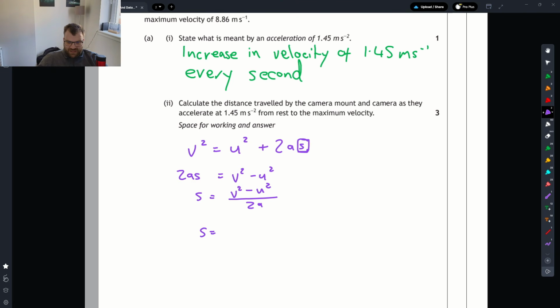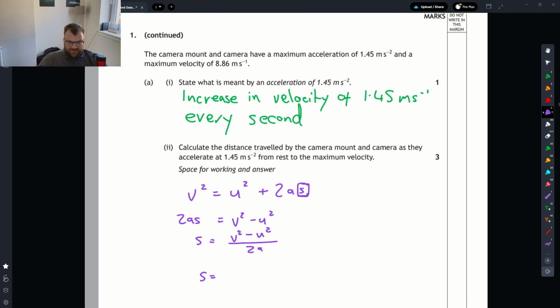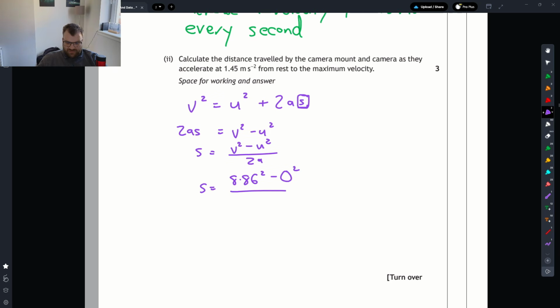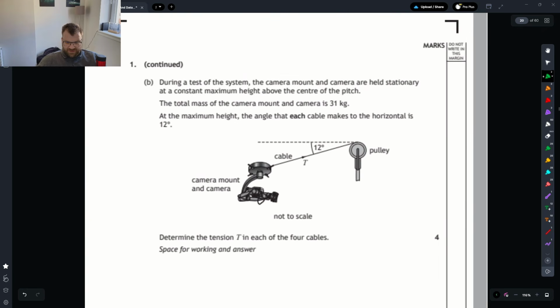The maximum final velocity is 8.86 squared. Take away what's from rest, so that would just be 0 squared, which doesn't change anything, all over 2 times 1.45. And that will hopefully spit out a lovely answer, which gives 27.1 meters. That should be that one.